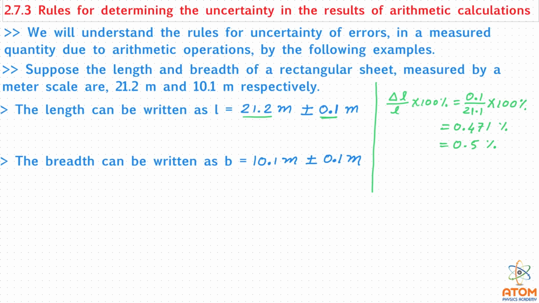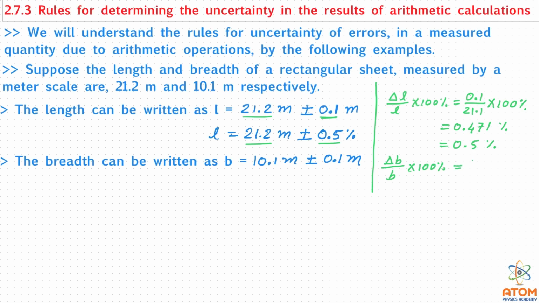So the length can now be written as L is equal to 21.2 meter plus or minus 0.5%. This is again the same length, but in terms of percentage error. This is the true value and this is the error in percentage. The same thing we can do for breadth as well. The percentage error in breadth will be delta B upon B into 100%.